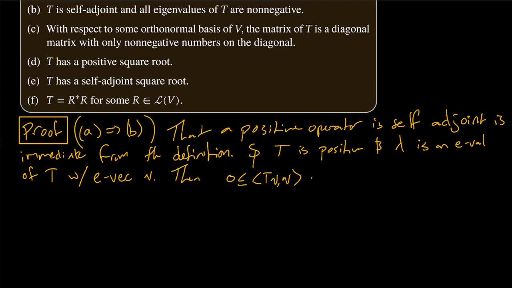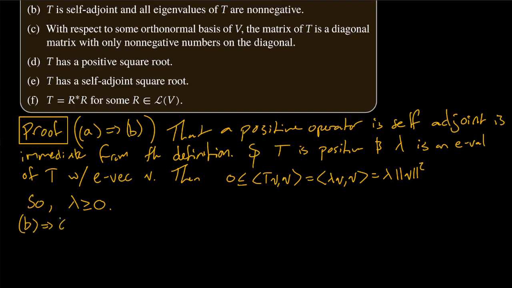Now this is equal to the inner product of lambda V with V, and that's equal to lambda norm V squared. So notice lambda has to be non-negative. After all, lambda norm V squared is greater than or equal to 0. This part is bigger than or equal to 0, so that part certainly couldn't be smaller than 0, right? All right, easy enough. Now let's do B implies C.